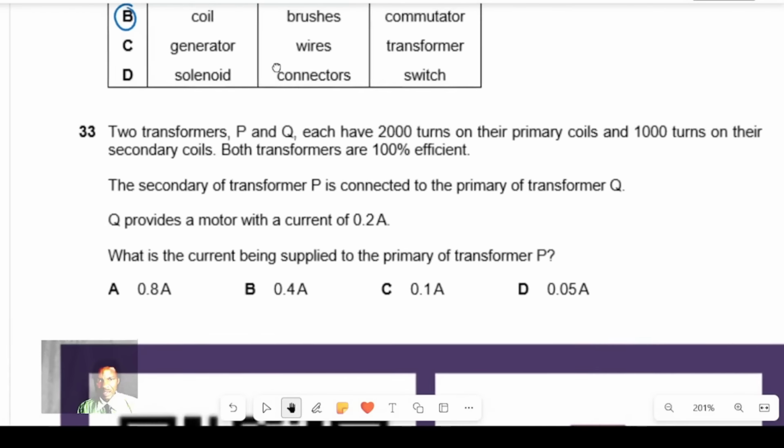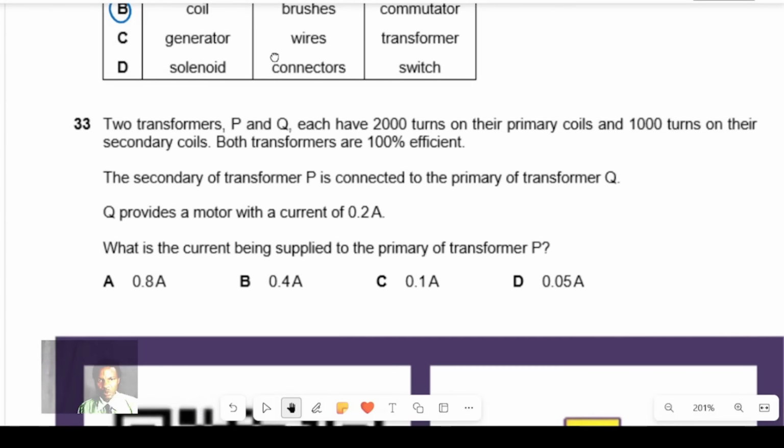Now number 32. Two transformers, P and Q, each having 200 turns on their primary coil and 100 turns on their secondary coil.